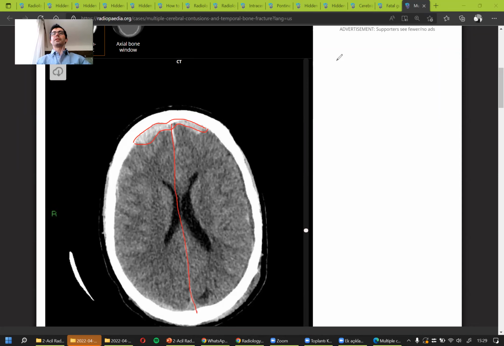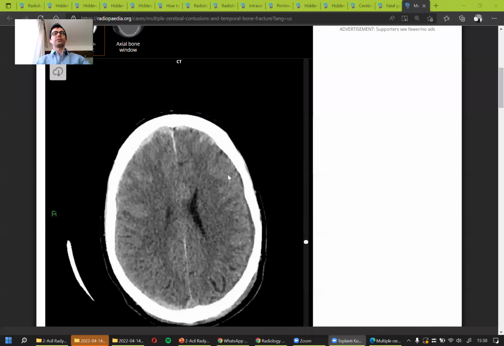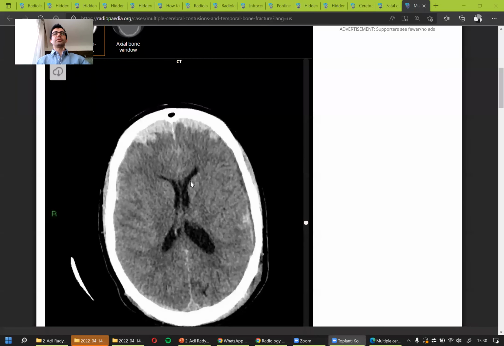Ventricles are not symmetrical, right? There's a little bit of a shift as well, right, on this side. Good catch, especially here, right? What's the reason? The reason is this one, I think. It has started to push the brain here, so there is a little bit of shift here, a very small, millimetric shift.